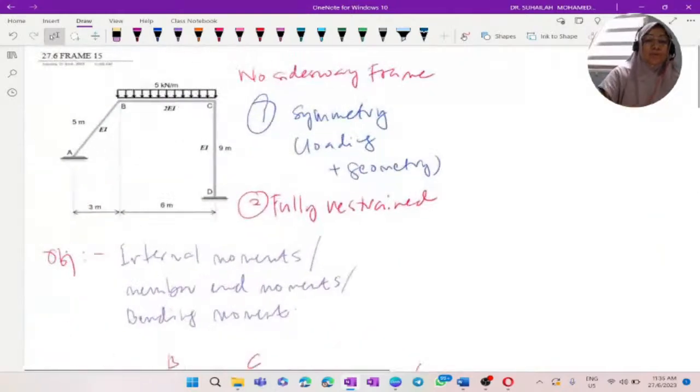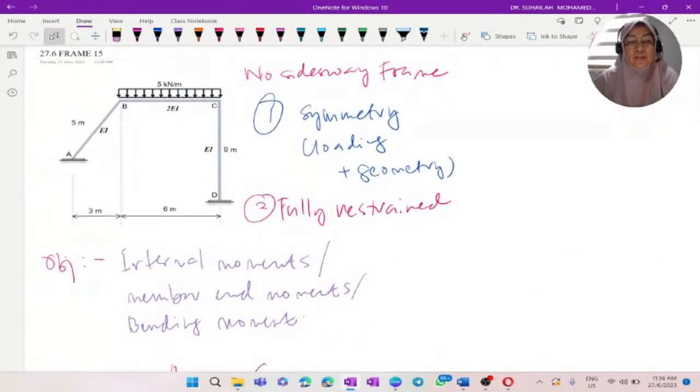Okay, so when we go back to this frame, it is a sidesway frame due to the geometry of the frame. In order to analyze this, we have to use the principle of superposition. Under the principle of superposition, we will have two frame conditions.